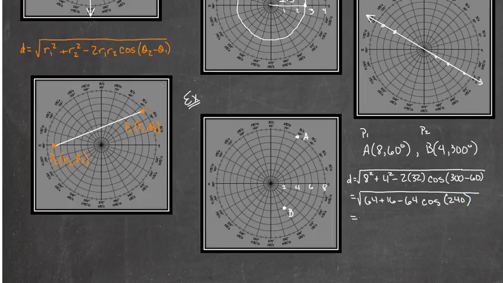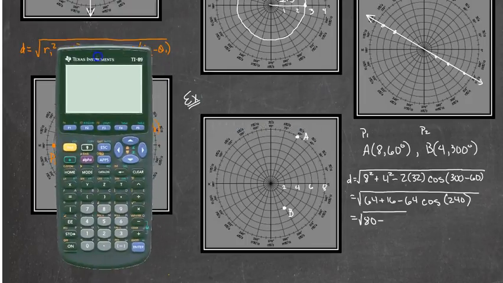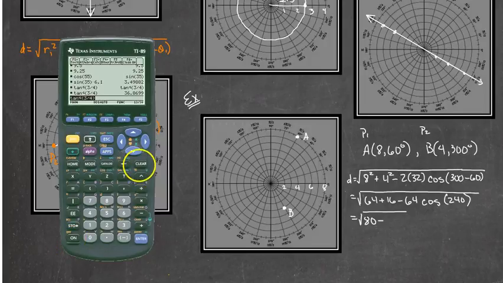I'm going to have to pull out my calculator. 64 and 16 is 80, and that'd be 80 minus 64 times the cosine of 240. That definitely needs a calculator. Make sure I'm in degrees, and I am.